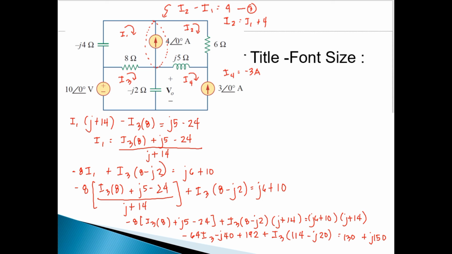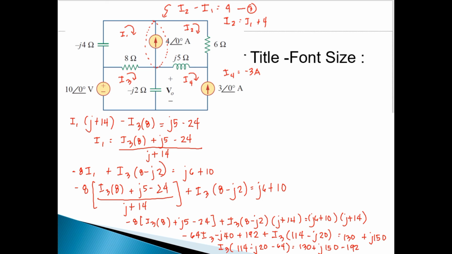Okay, so I3 on the left side will be equal to I3 times 114 minus j20 minus 64. And then on the right side we'll have 130 plus j150 minus 192.